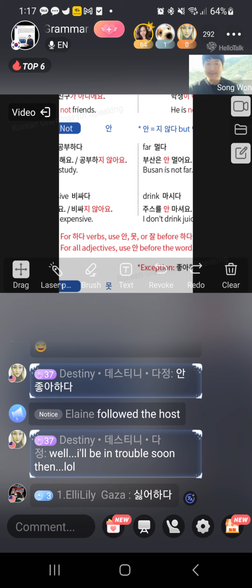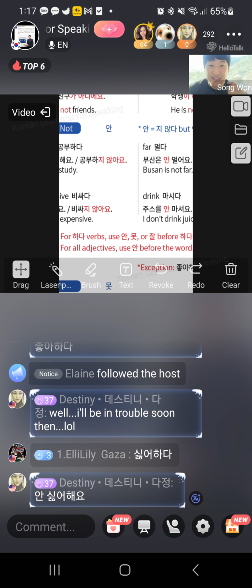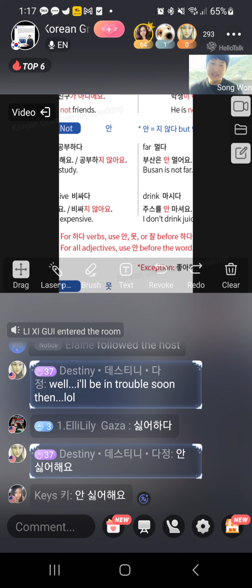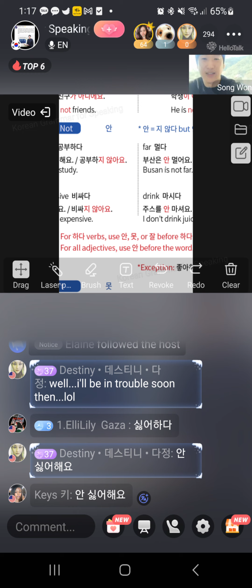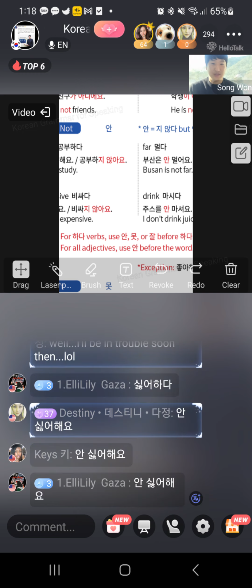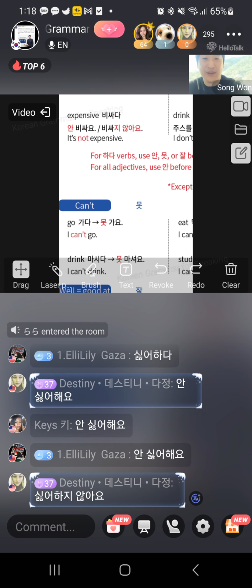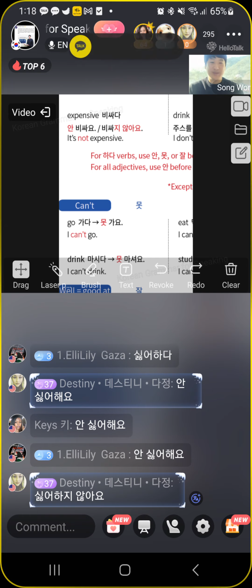I don't hate it. Anyone? Perfect. 안 싫어해요. Right. 안 싫어해요. Kiss, you got it right. Excellent. All right. So that's how you study this 안. Use 안 whenever you want to say no.